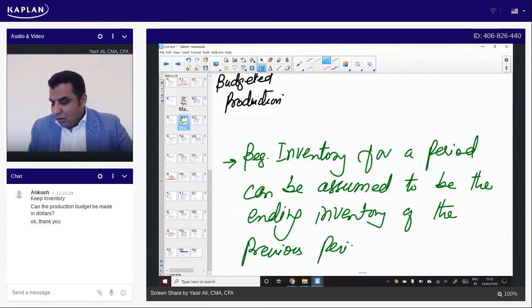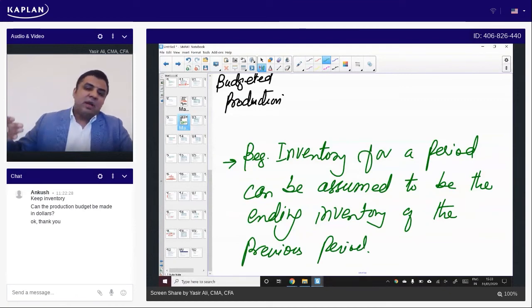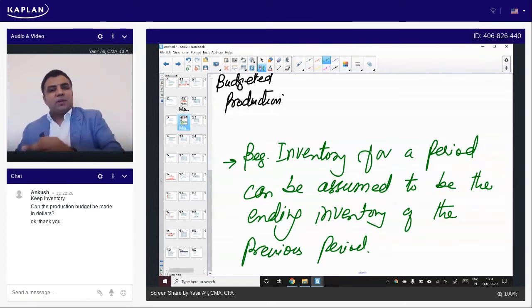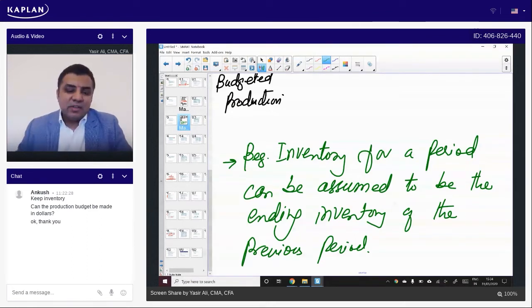For example, if you had a finished goods inventory of 10,000 at the end of 31st December 2019, which is the ending inventory for year 2019, what is the beginning inventory for year 2020?